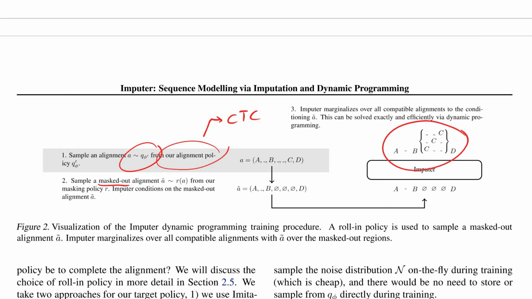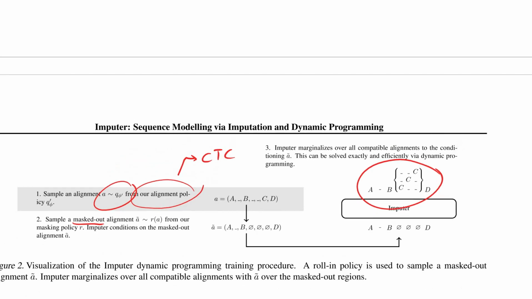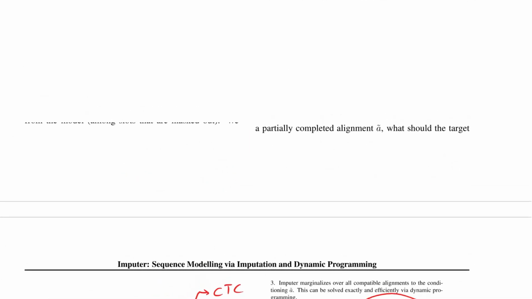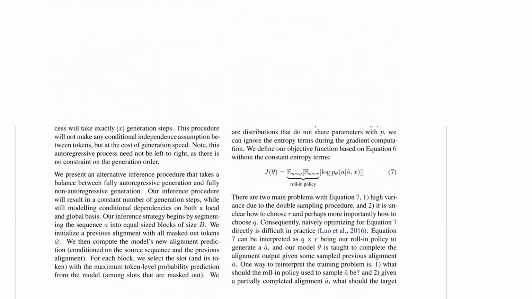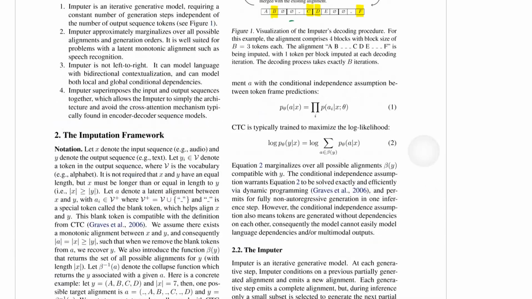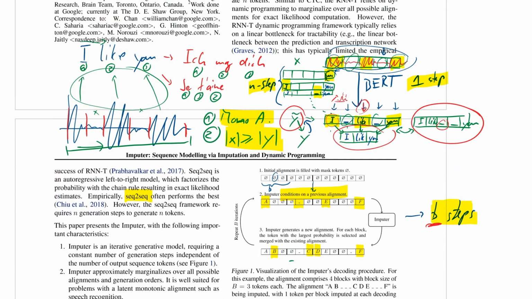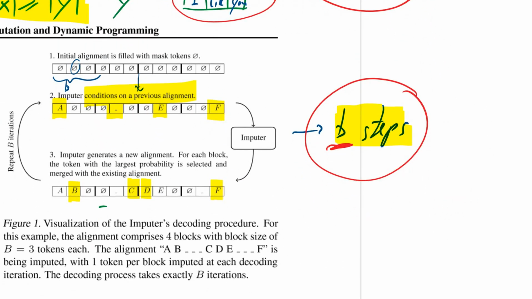This, I'm pretty sure, is not the same distribution as the decoding procedure I just described. Right, so the decoding procedure, if you do this in B steps, that means each of the steps is dependent on the step before. So that means the distribution of whatever the imputer sees is actually dependent on itself.